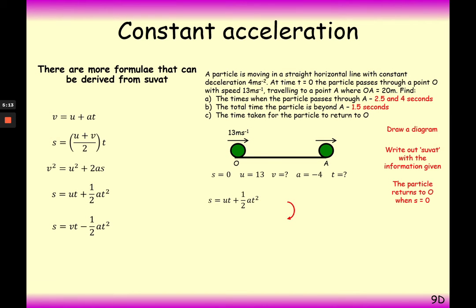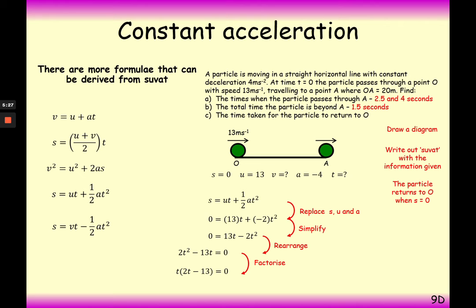We sub those values in, and again we have a quadratic in t. To check that you've got it right, we know the first time it's at O is when t equals 0. So when we solve our quadratic equation, we do get t equals 0 as a solution, which is a good sign, and the other value we get is 6.5 seconds. So the time it returns to O is 6.5 seconds.